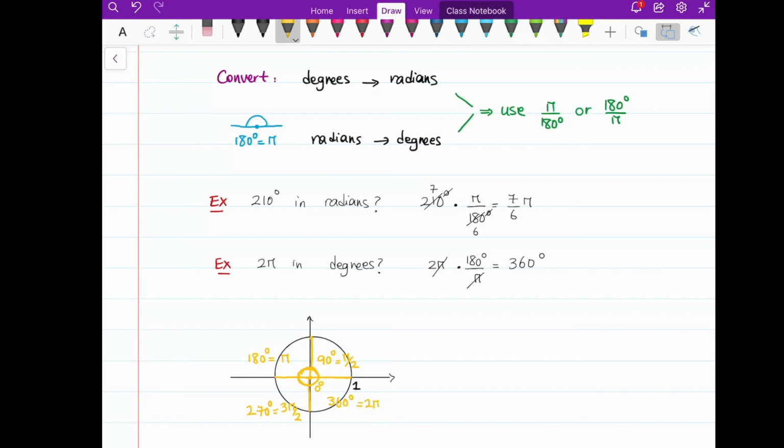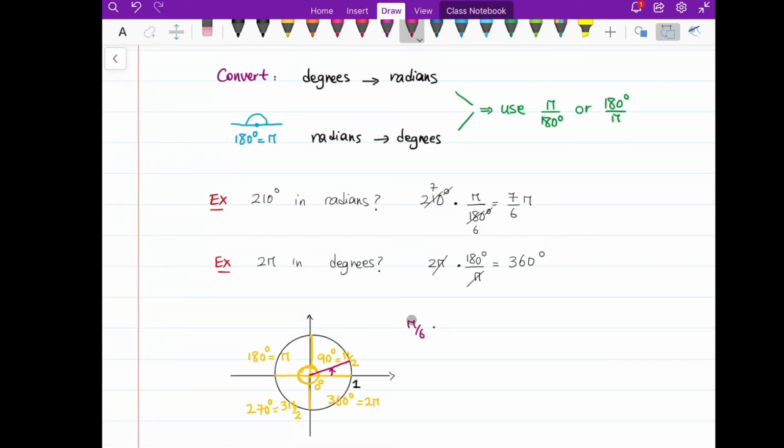Some important angles that you need to know are pi over 6, which is somewhere in here. Let's practice it. What is pi over 6 in degrees? I need degrees in here, so I'm going to multiply it by 180 degrees over pi and then simplify that.